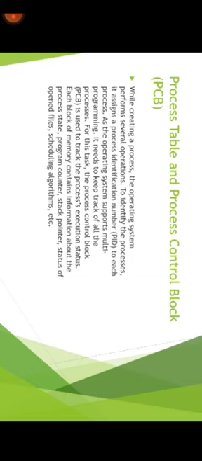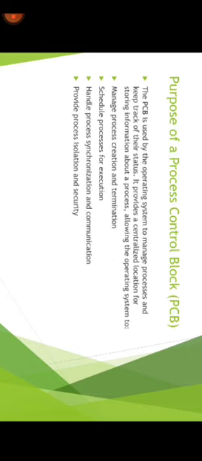For this task, the process control block is used to track the process execution status. Each block of memory contains information about the process state, program counter, stack pointer, status of opened files, and scheduling algorithms.